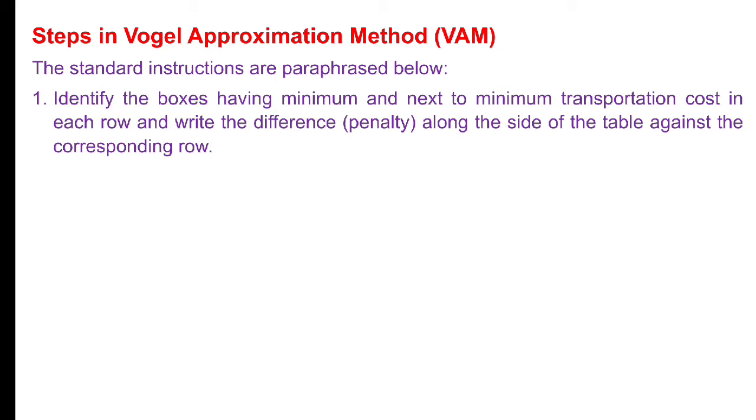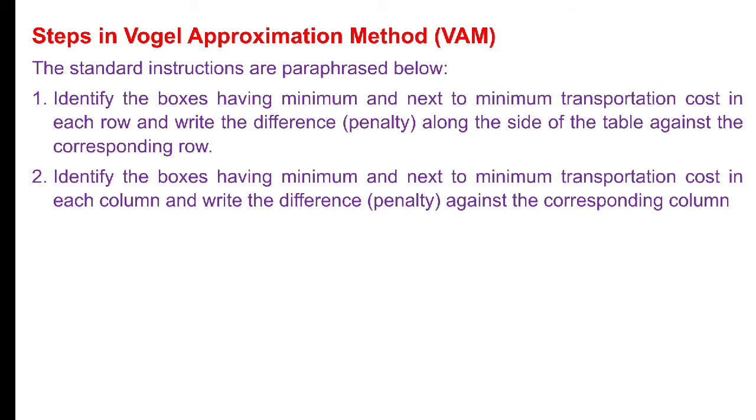Identify the maximum penalty. If it is along the side of the table, make maximum allotment to the box having minimum cost of transportation in that row. If it is below the table, make maximum allotment to the box having minimum cost of transportation in that column.